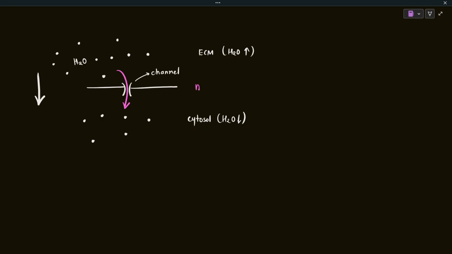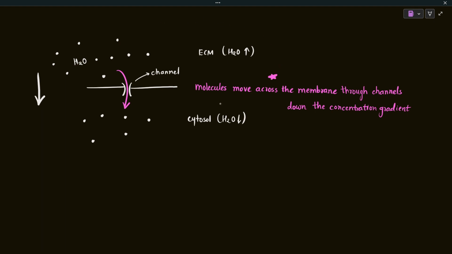So molecules move across the membrane through channels down the concentration gradient. Okay, so we already know about this.